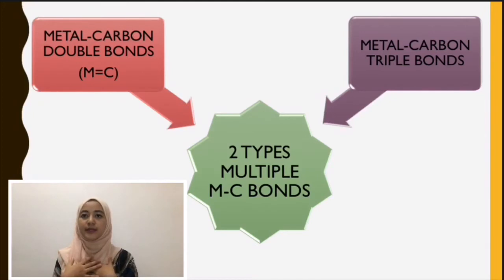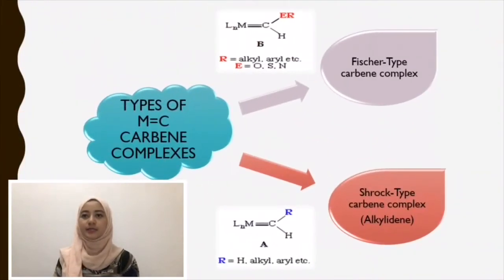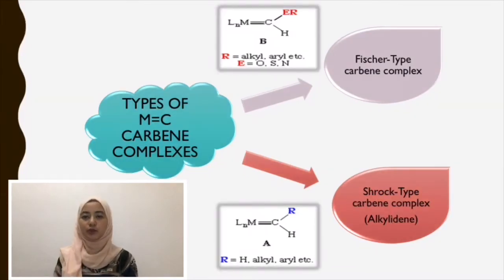As for my part, I will only explain the metal carbon double bond, and later Aine will explain more about the metal carbon triple bond. In metal carbon double bonds, there are two main types of metal carbon complexes: Fischer type carbon complex, which we call carbene, and Schrock type carbon complex, also known as alkylidene complex.